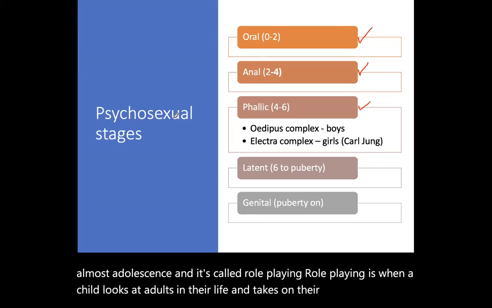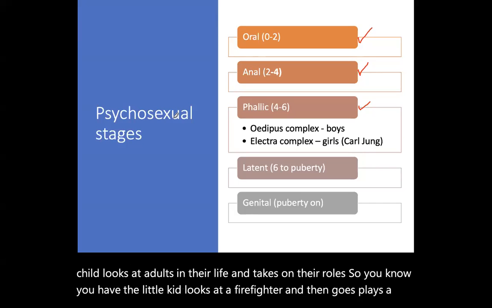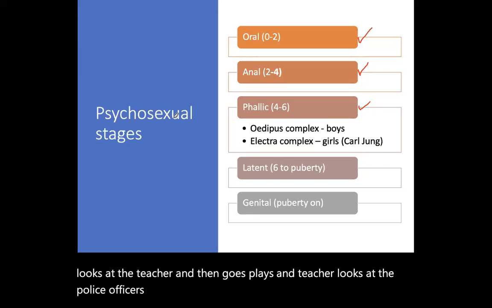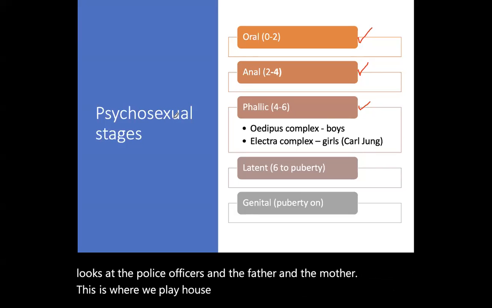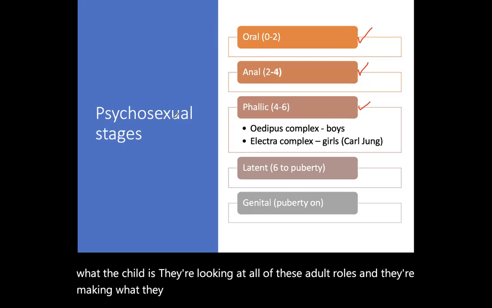So the little kid looks at a firefighter and then plays a firefighter, looks at the teacher and then plays teacher. Looks at the police officers and the father and the mother. This is where we play house, and this is where we play doctor. The child is looking at all of these adult roles, and they're making what they like about them part of who they are, and leaving the rest apart.